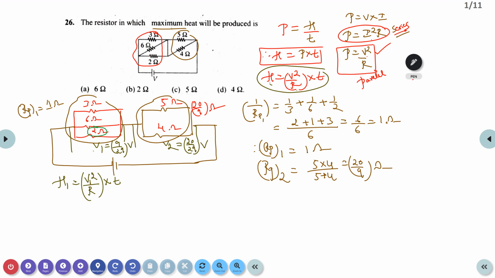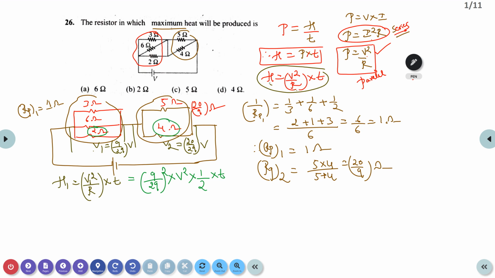So I will use this one. H1 equals V1 square, which is 9 by 29 whole square into V square, into 1 divided by 2, multiplied by T. Similarly for this part, this is the lowest one.